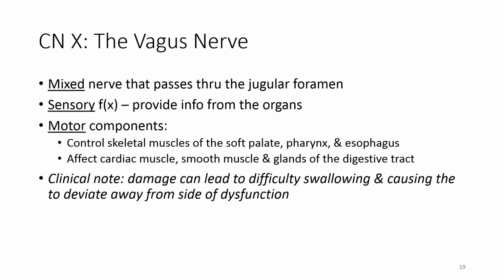Motor components include controlling skeletal muscles of the soft palate, so the back of the throat, pharynx, and esophagus. This can affect your cardiac muscle, smooth muscle, and glandular secretions of the digestive tract. If you damage it, it can lead to difficulty swallowing, because the motor components are involved with the soft palate and pharynx.